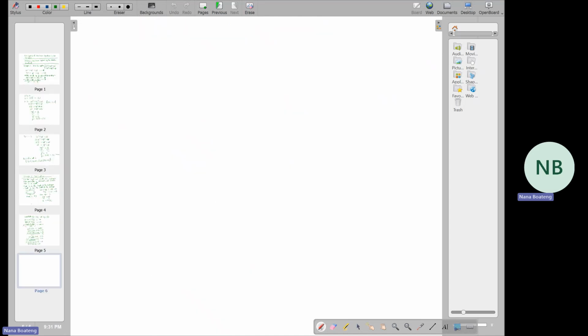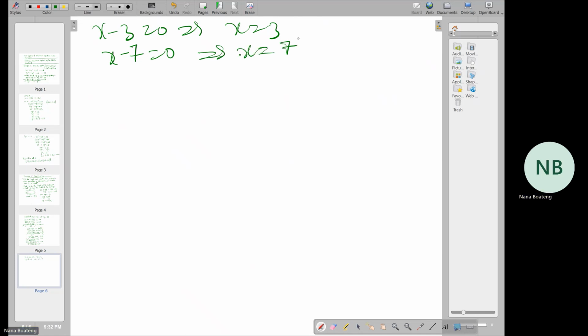So we have either x minus 3 is equal to 0, which implies x is equal to 3, or x minus 7 is equal to 0, which implies x is equal to 7. All right, so the values we have for x are 3 and 7.